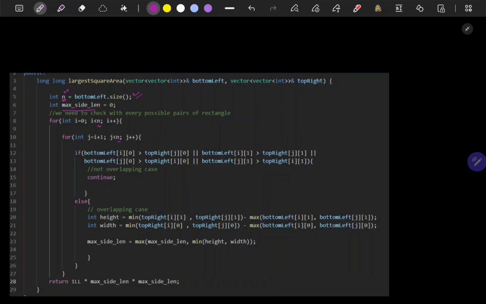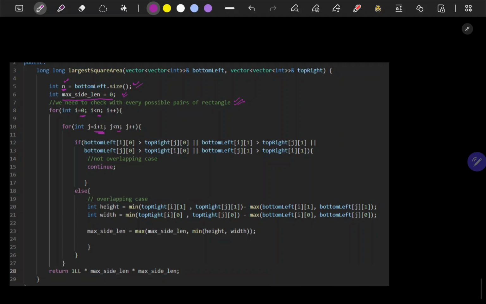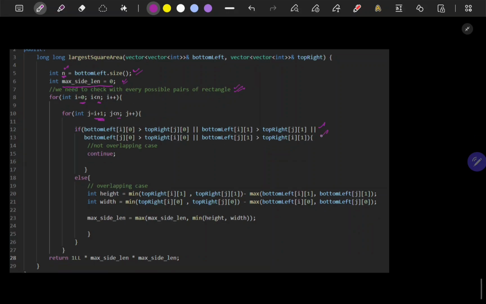We take the max side length, and in the starting our square side length is 0. Then we check every possible pair of rectangles. We start with i and j will be i plus 1, and we check every possible pair. This is the case where we check for the non-overlapping case. If any of the conditions is true, it is a non-overlapping case, and in that case we don't have to do anything, we just continue.